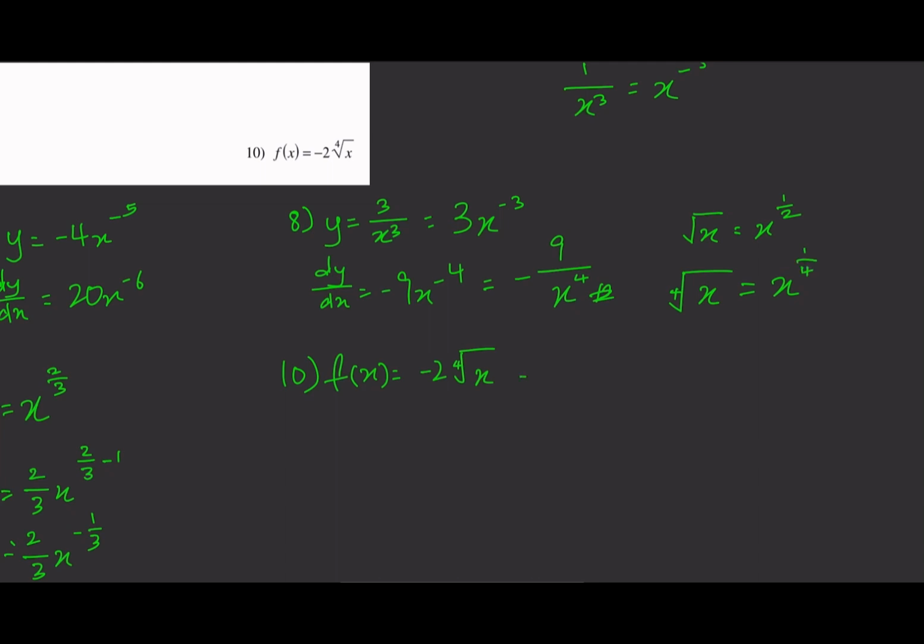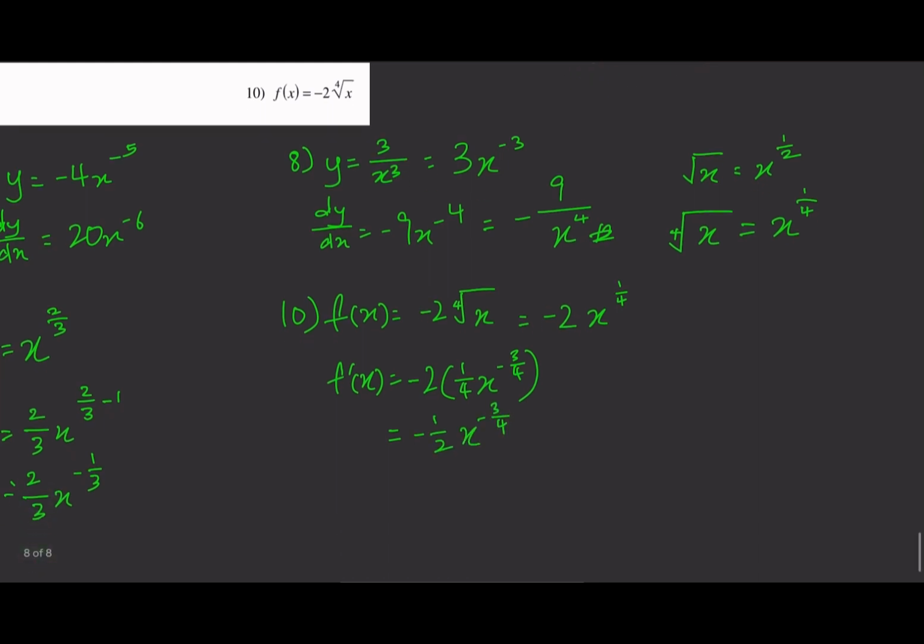So, equal to negative 2x^(1/4). Then we can differentiate this: f'(x) equals negative 2 multiplied by 1/4 x^(1/4 - 1), which is negative 3/4. Negative 2 multiplied by 1/4, I assume, is negative 1/2 x^(-3/4).